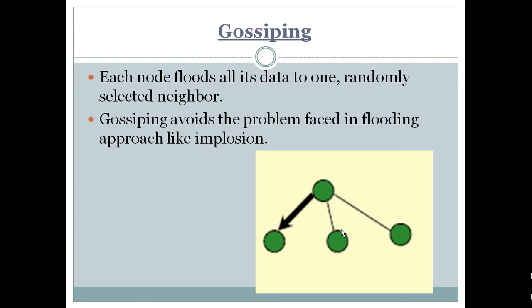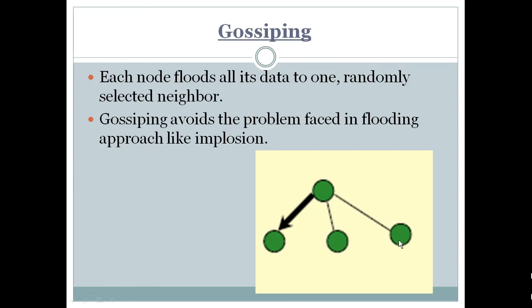So in gossiping, each node floods all its data to one randomly selected neighbor, right? So it is an enhanced version of flooding, where the packet is sent to a single neighbor node. It is not sent to all the neighboring nodes as we saw in the previous approach.